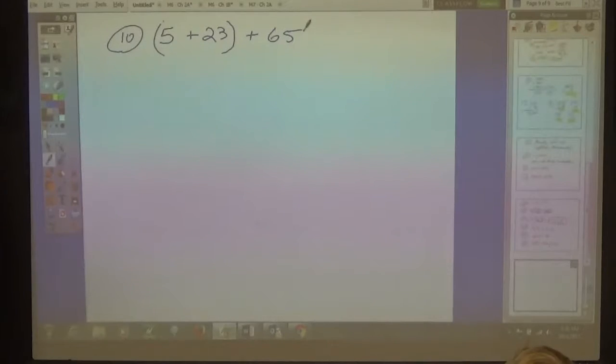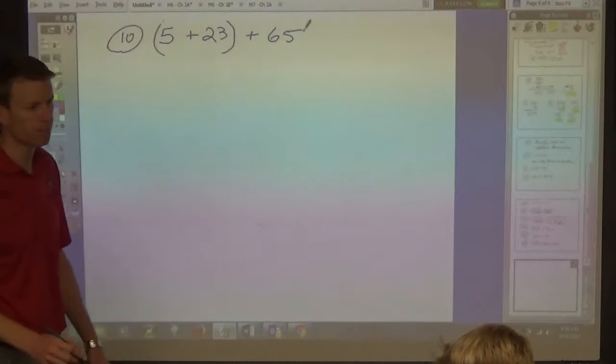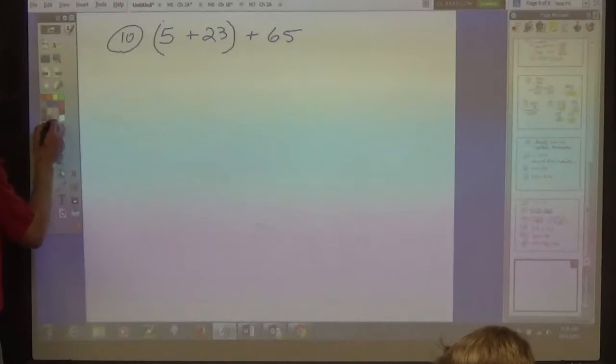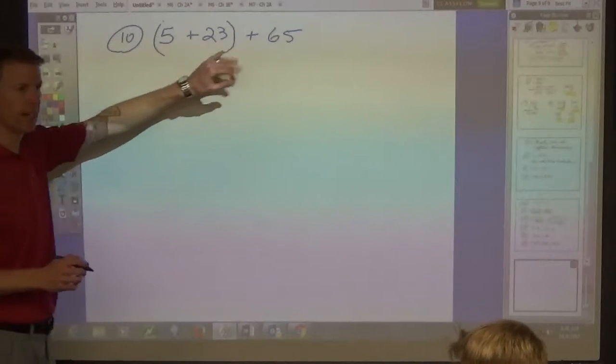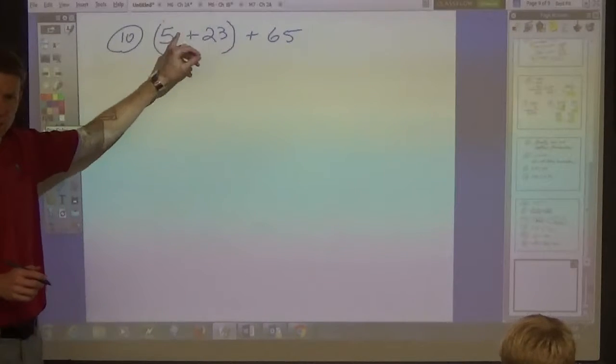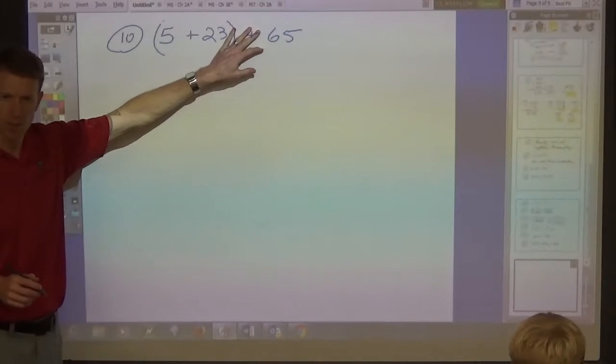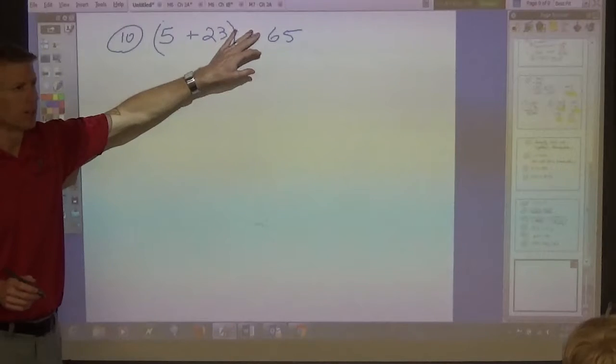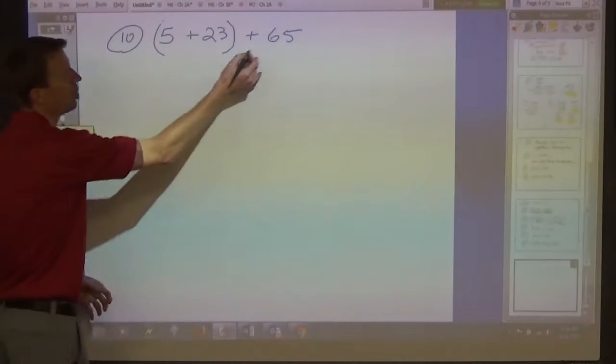And then, since it says use a mental math strategy to simplify the expression, what you have to do is show the mental math strategy that you're using, okay? So, show changing the order.